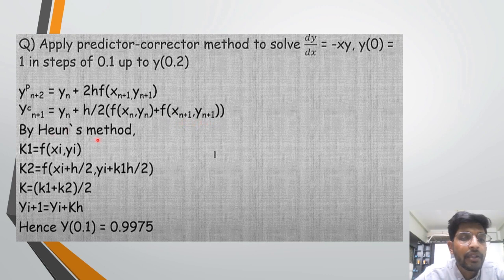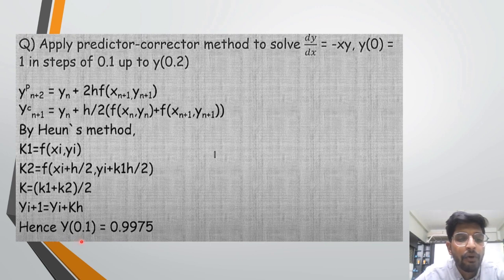So by Euler's method, k1 is equal to f(xi, yi), k2 is equal to f(xi plus h by 2, yi plus k1 h by 2), and k over here is (k1 plus k2) divided by 2. So y(i plus 1) is equal to yi plus kh.